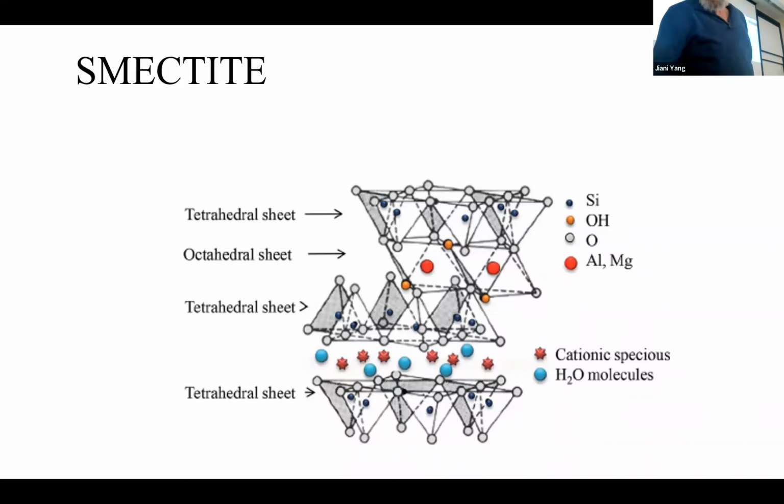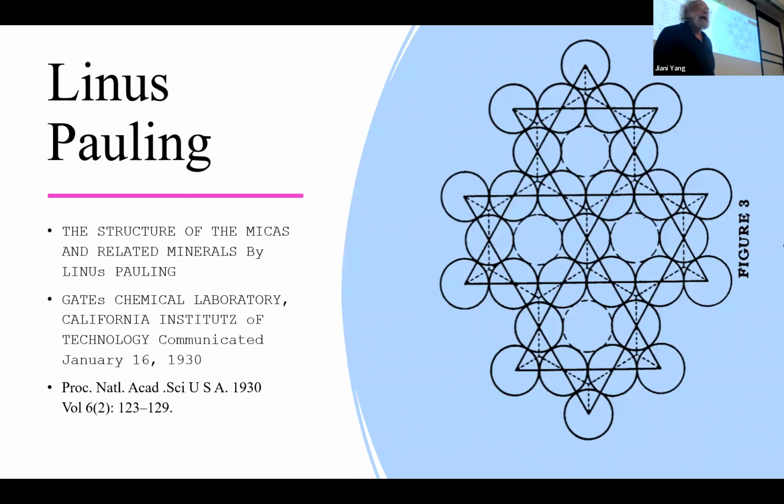Now, the structure of a clay was not known until 1930. It was here at Caltech that Linus Pauling used X-ray diffraction and worked out the structure of clays.